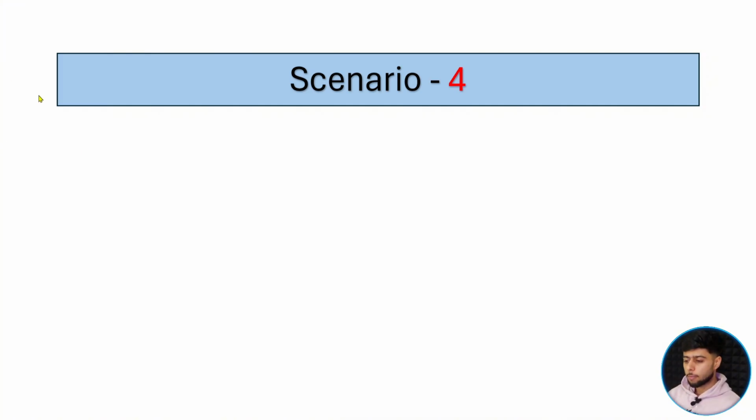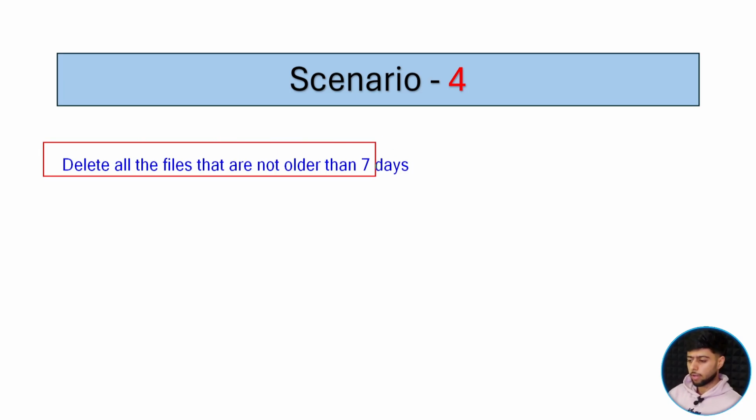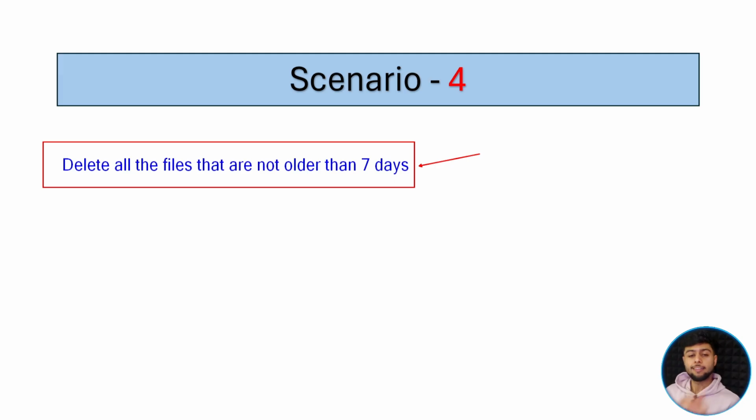The scenario is very simple: you need to delete all the files that are not older than 7 days. Just a scenario. Let's say within this week we just got rubbish data, so we want to delete all the files that are not older than 7 days.